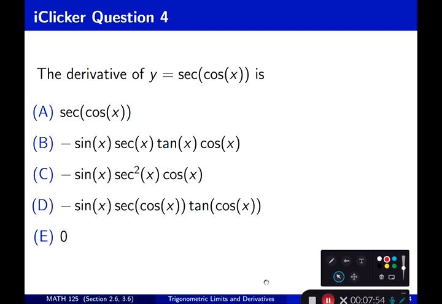So if you haven't paused, pause and make sure that you know the answer or you solve the problem.